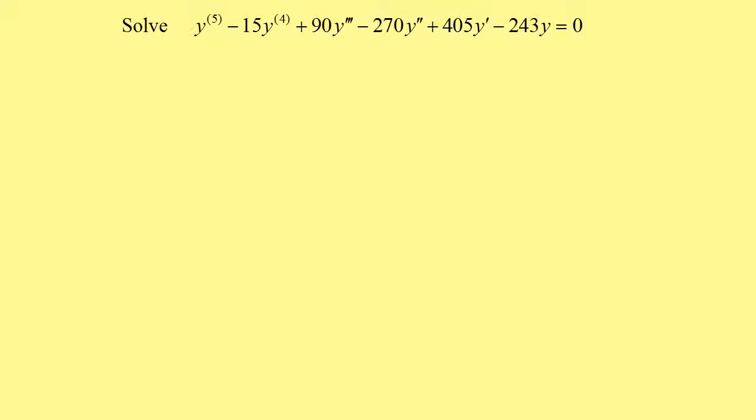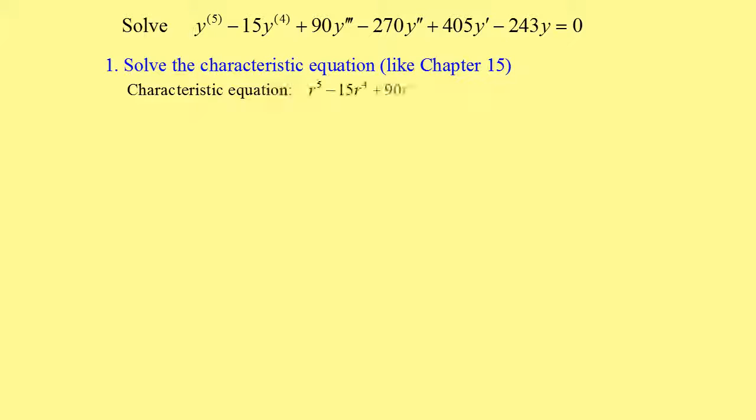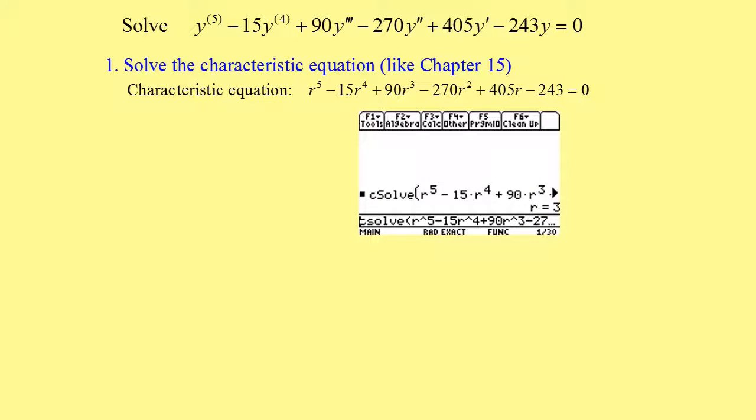On this last one, I seriously doubt that you would be solving this one by hand anytime soon without some sort of guidance as far as what the solutions should look like. However, armed with our TI-89, you can see here I've done a csolve, and when you do a csolve, it lists every one of the answers.